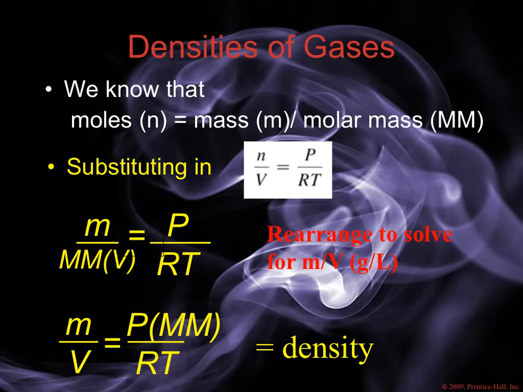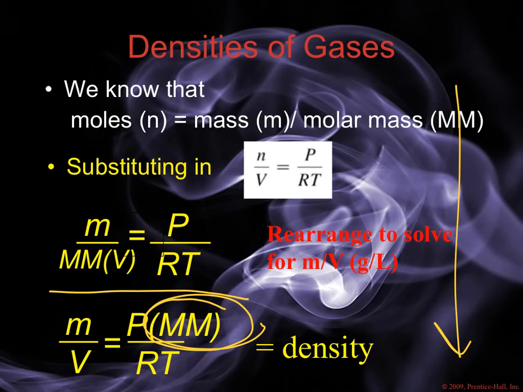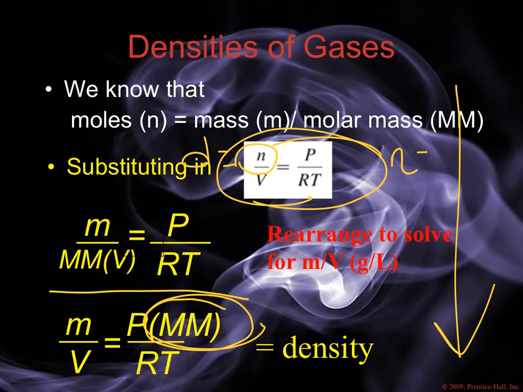Please don't get overwhelmed by this slide. I'm not going to make you derive this formula. What this whole slide is leaning toward is I want you to be able to solve for molar mass. You're welcome to look it over if you want. But basically, if we rearrange the ideal gas equation to look like the density form that I showed you on the last page, and then we realize that the number of moles, how do we get moles usually?